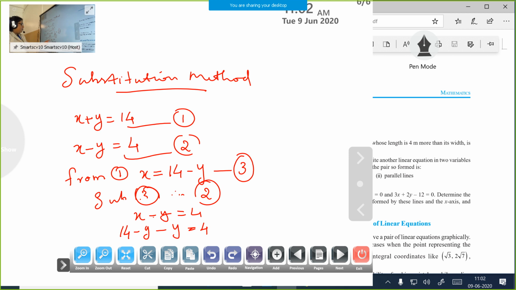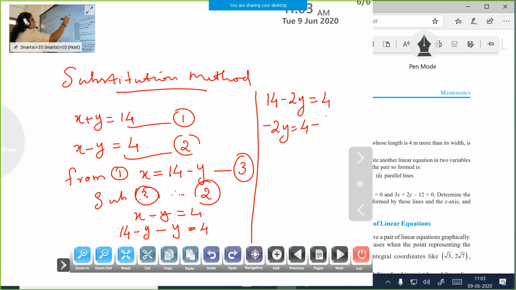Then we already have one minus y. 14 minus y minus y is equal to 4. That means 14 minus 2y is equal to 4. That is, minus 2y is equal to 4 minus 14. Find the value of y.